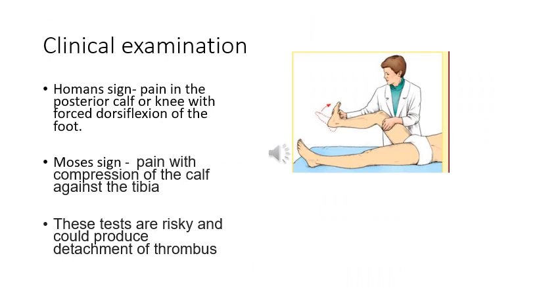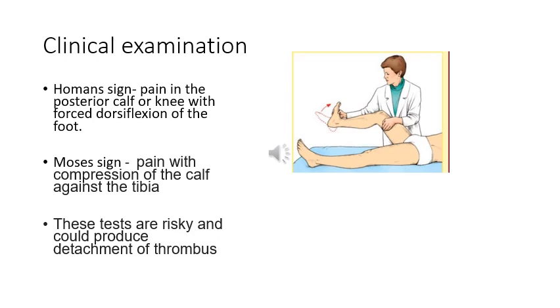I'll explain a couple of clinical signs used in deep vein thrombosis. In the common sign, you can see in the picture there is a forced dorsiflexion of the foot, and the person feels pain in the posterior calf or calf area or the posterior knee area. Then Moses sign is another test.